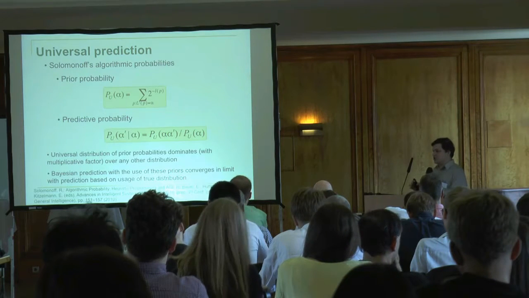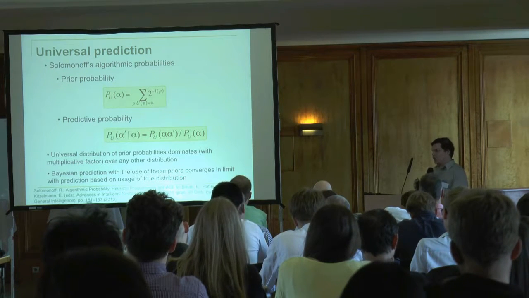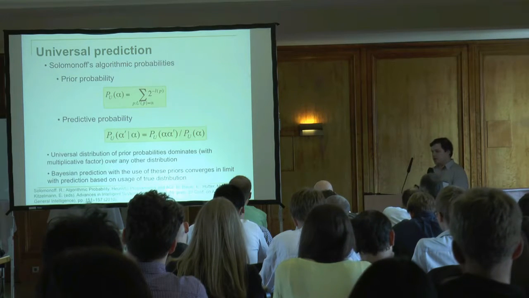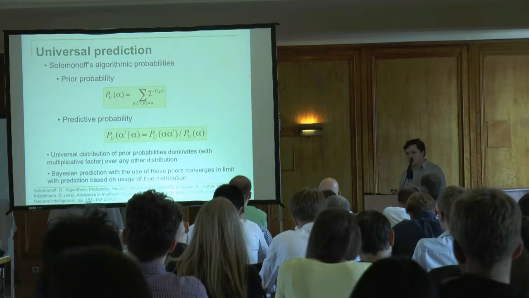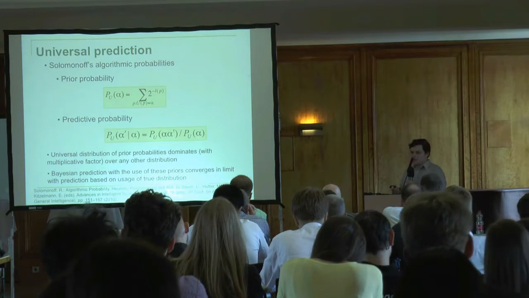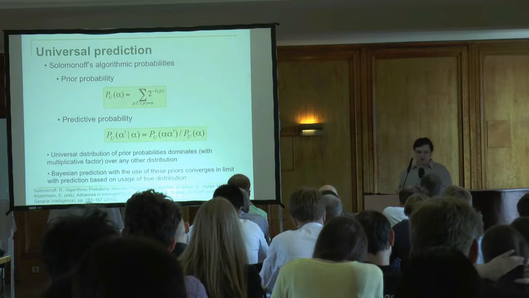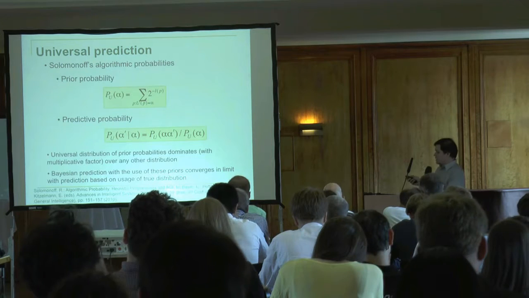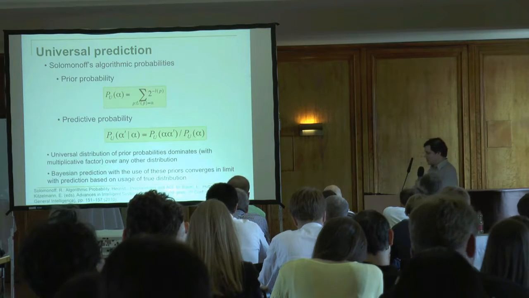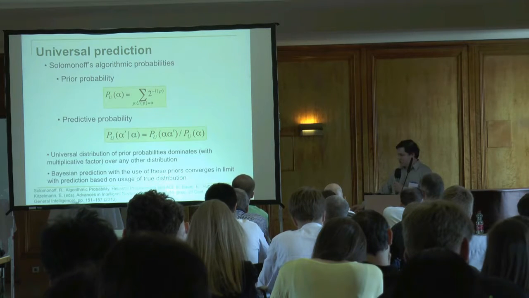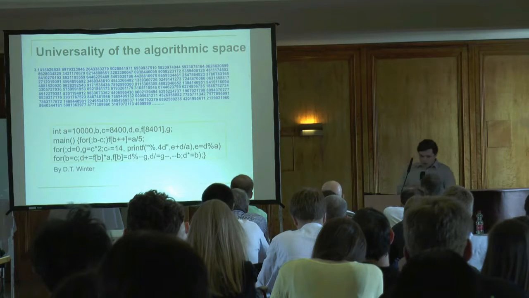So actually there is some difference between Kolmogorov complexity and Solomonoff probability in terms of intelligent agents, and we had a paper three years ago on this topic, so I will not go into details here, but I think it's worth mentioning that there is such a thing as Solomonoff universal induction and prediction.